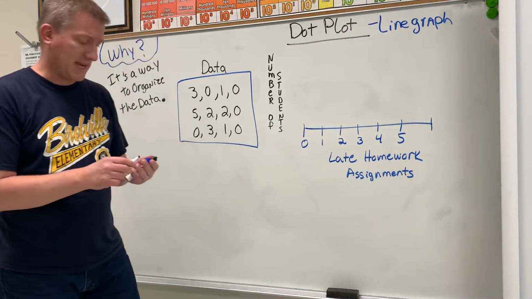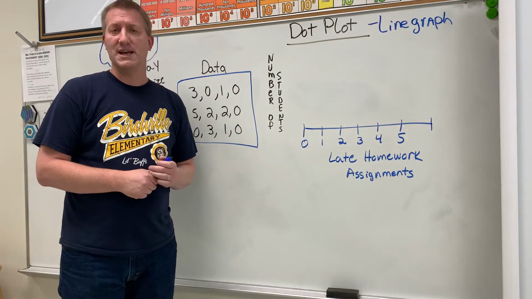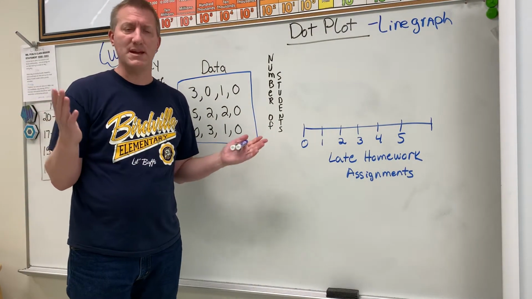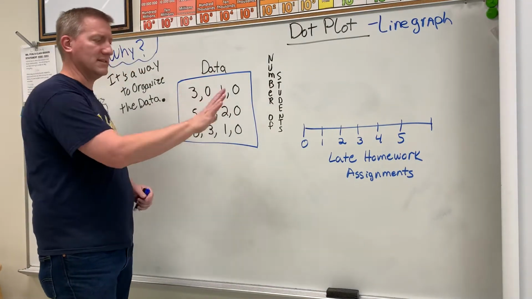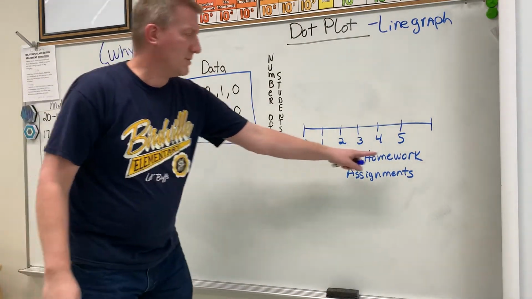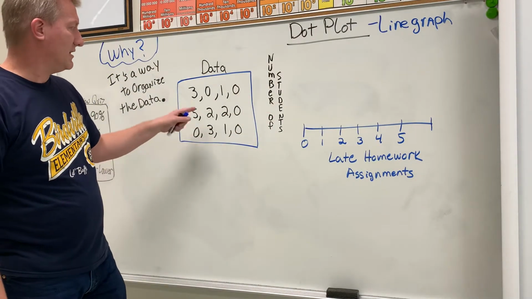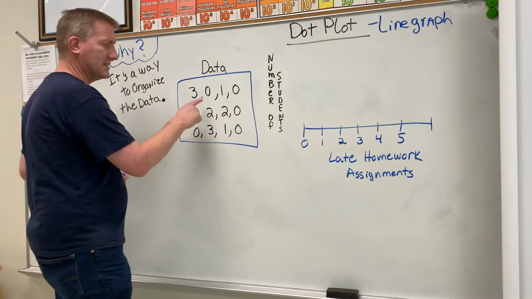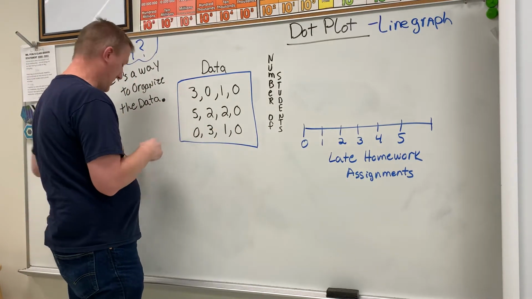I made this category up, and again, it's late homework assignments. So this is just a made up category. This is not actual data. So if I was tracking the late homework assignments, I could look on my data and say, how many people had 0 homework assignments out?